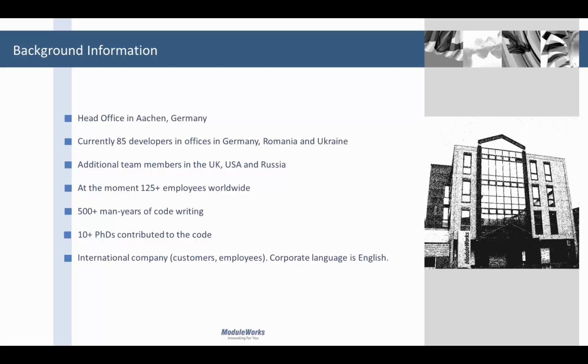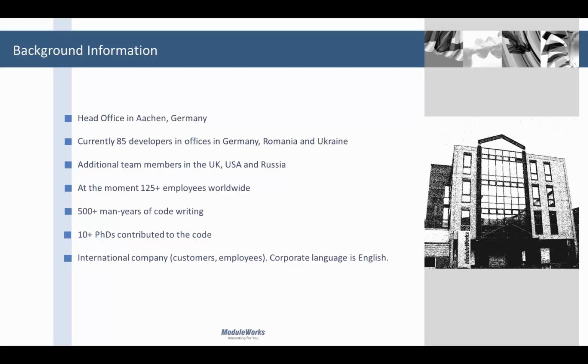And we have additional team members in the UK, the USA, and also Russia. At the moment, we have more than 125 employees worldwide. This means that we have a technological army to maintain our cutting edge in our technology. And under our belt, we have more than 500 man-years of code writing, with more than 10 PhDs contributing to the code.